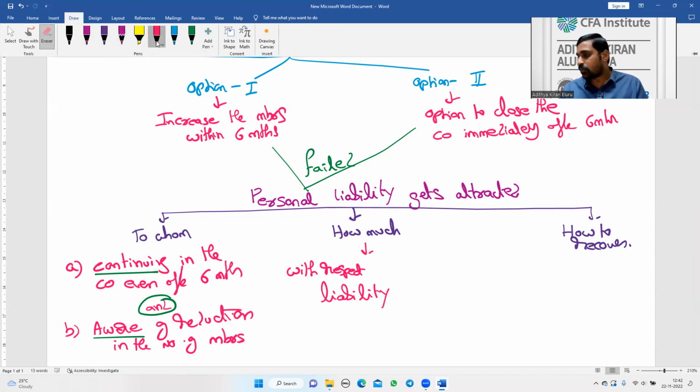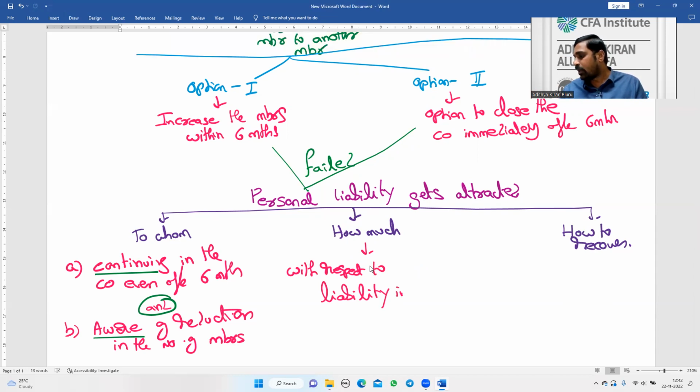With respect to liabilities incurred by the company after 6 months, not before that. With respect to liability incurred by the company after 6 months, for that he is liable. He is not liable for liabilities before reduction, or during the 6 months, and after reduction.